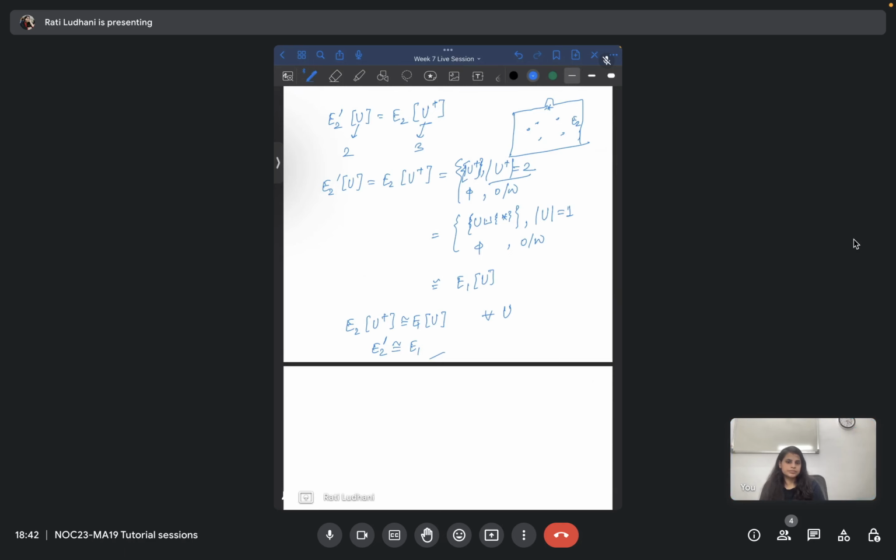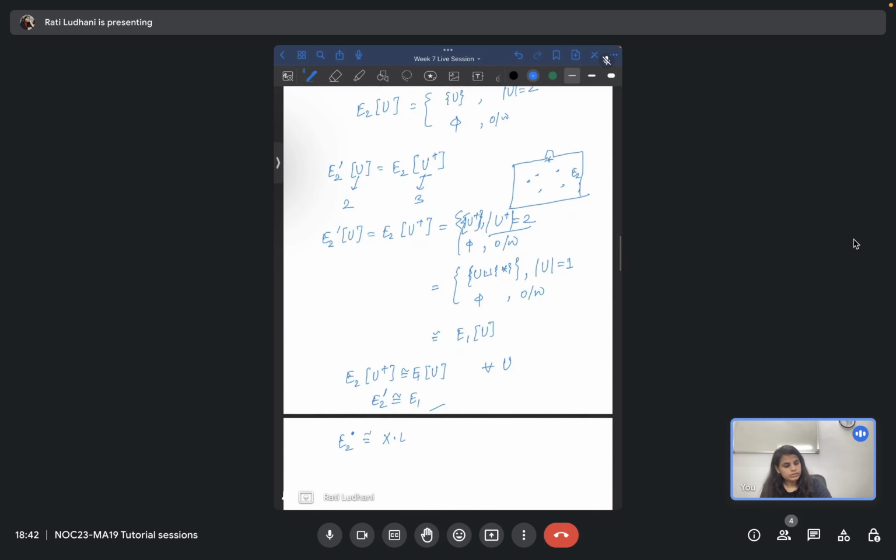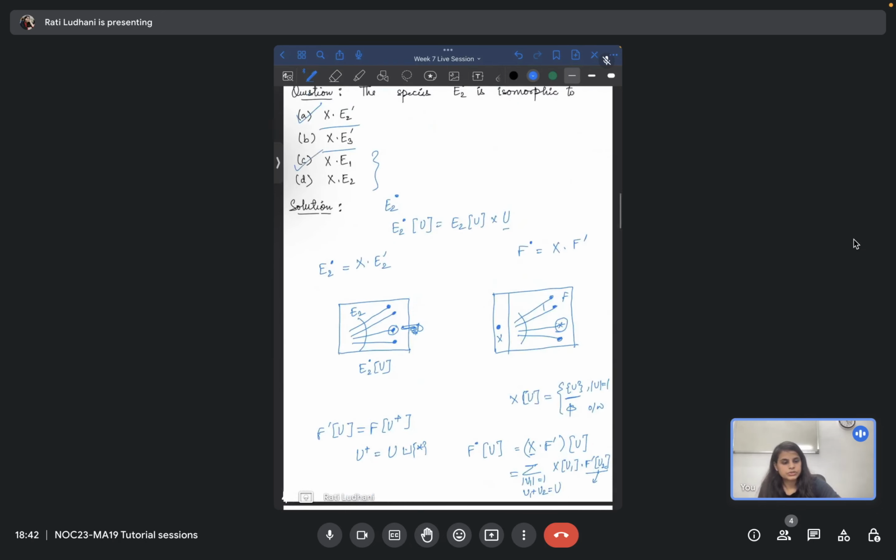Is that okay? Yes, ma'am. So because of this, now we can conclude that e2 dot is isomorphic to x dot e1, right? We had x here. So yeah, this option is also correct. Is that okay? Yes, ma'am.